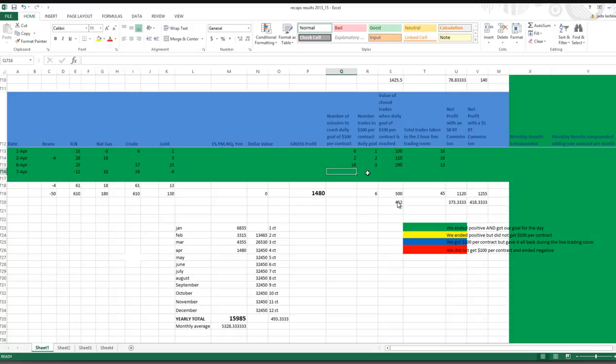Today it took us 50 minutes and 14 trades to get our goal for the day. And when we closed that trade out, we were up $120 a contract. We took a total of 19 trades today.